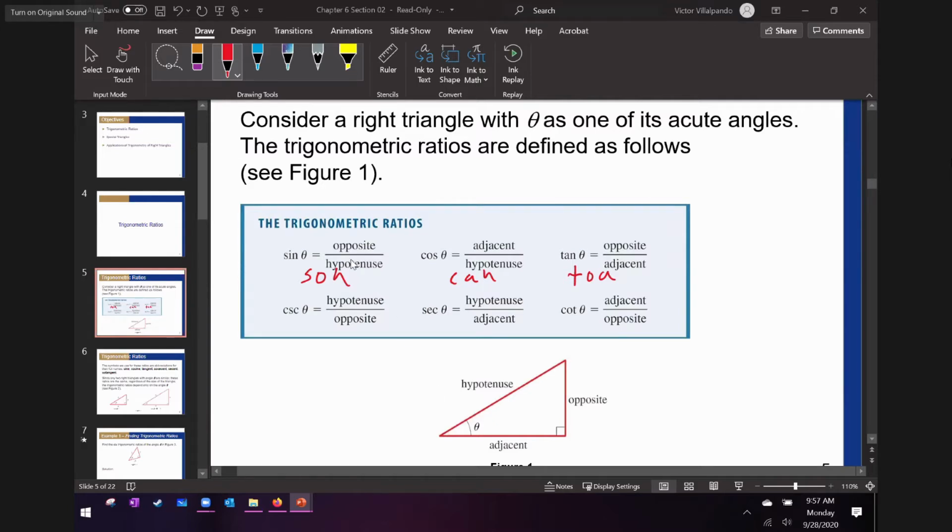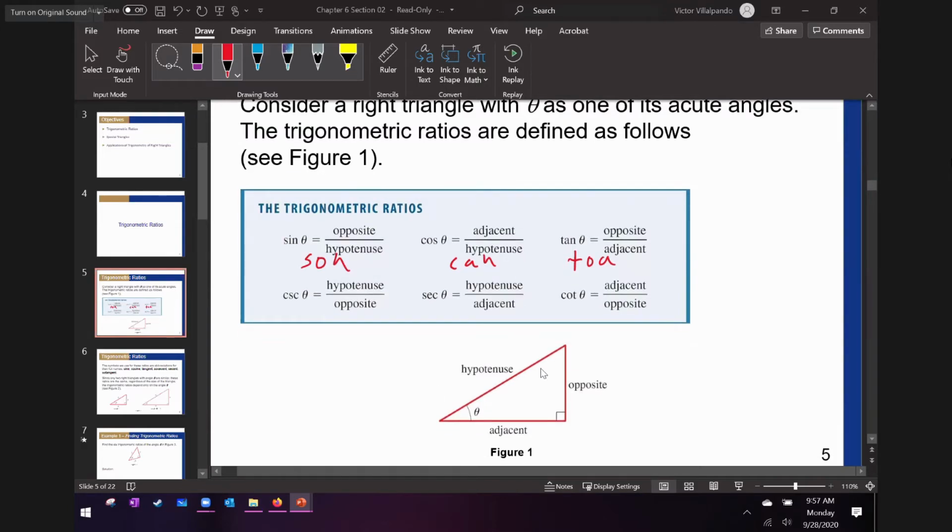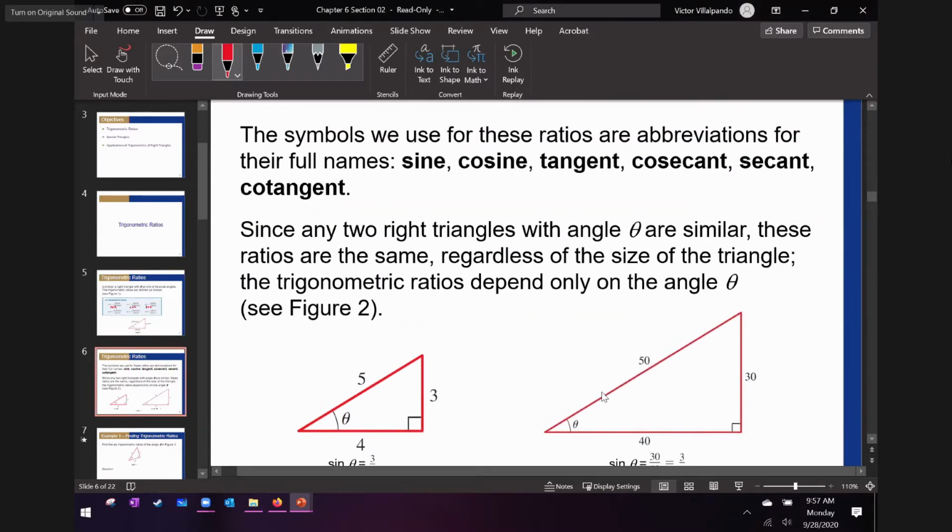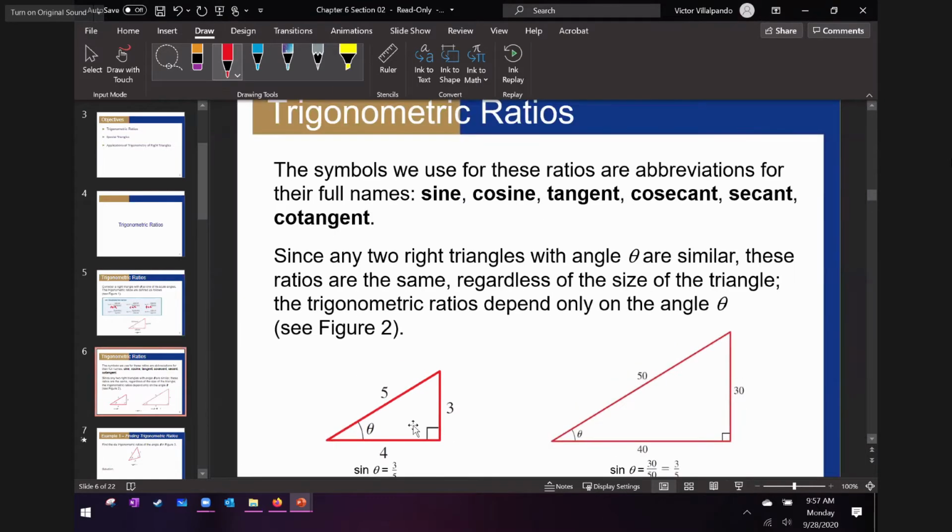All right, so that's pretty much what this slide is trying to explain. So again, you have to go with respect to which angle you are looking for, and what side you're going to call adjacent, what side you're going to call opposite. And again, the longest side of a triangle is always the hypotenuse. All right, so here they give us an example of a triangle that has been blown up by a certain ratio. So the symbols we use for these ratios are abbreviations for their full names.